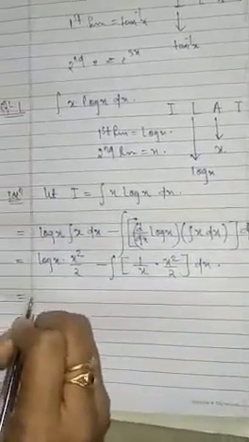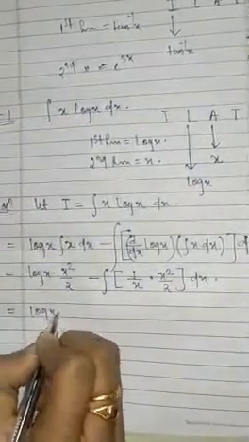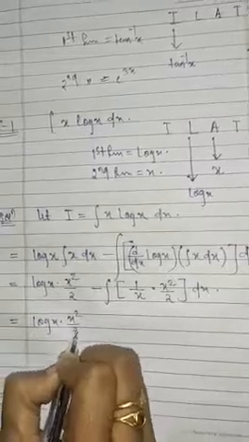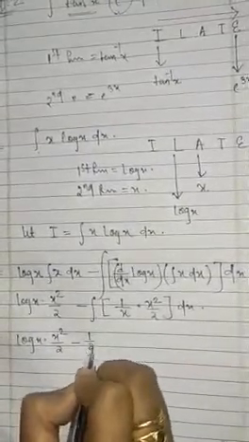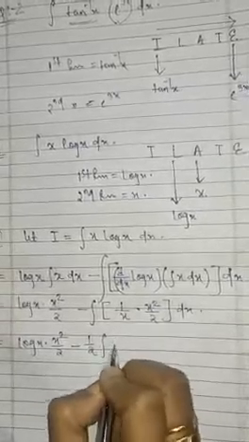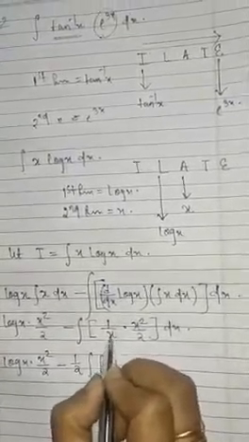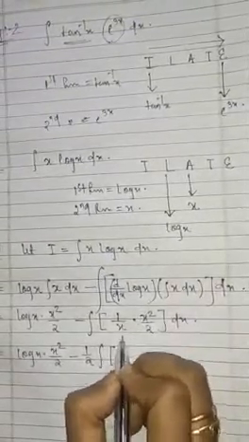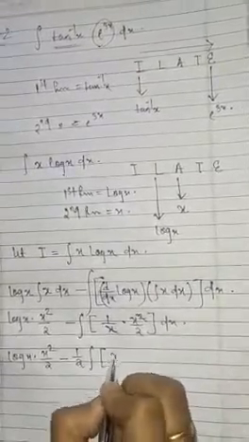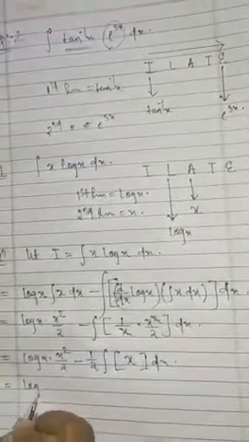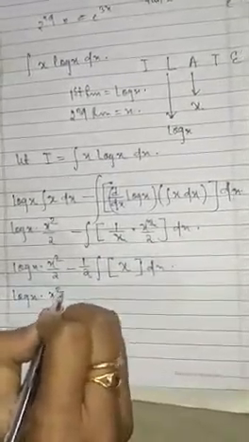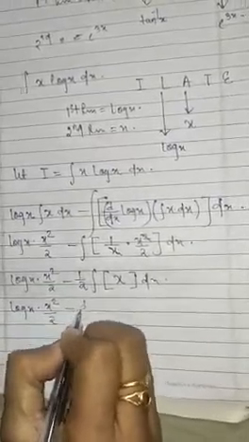So this is equal to log x times x square by 2 minus. Now there is a constant 1 by 2, so take it outside the integration. Give the integration symbol, bracketed. Now here there is x and there is x square, so x cancels out. The remaining function is only x dx. This is equal to log x times x square by 2 minus half.